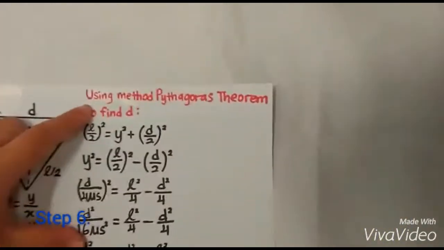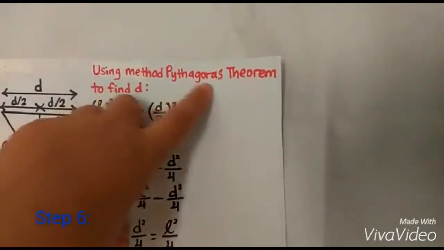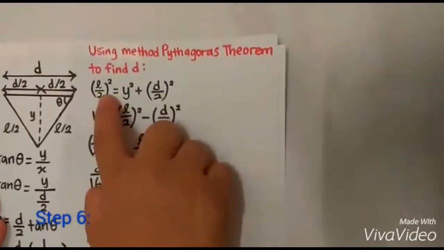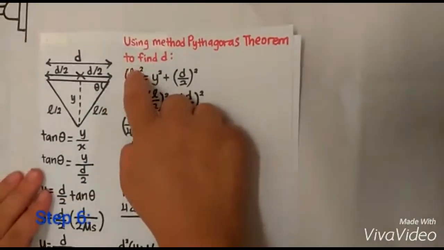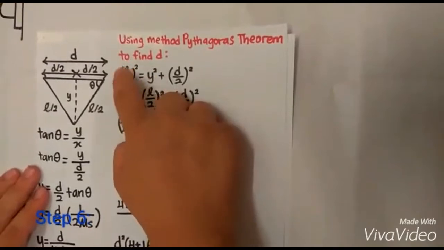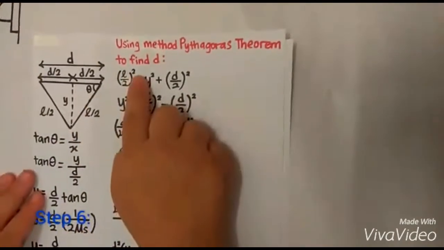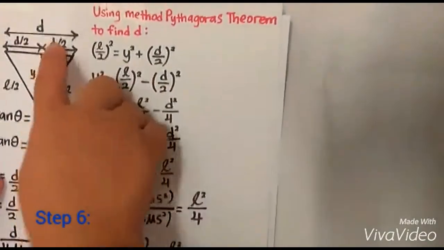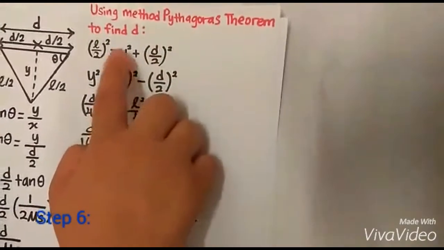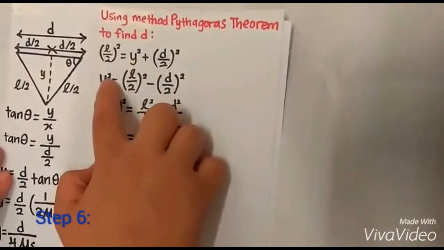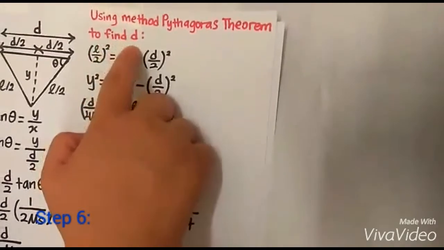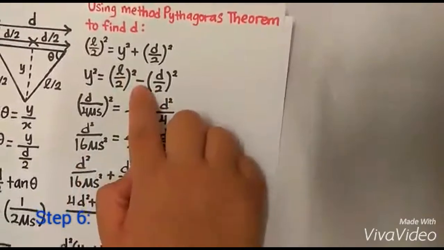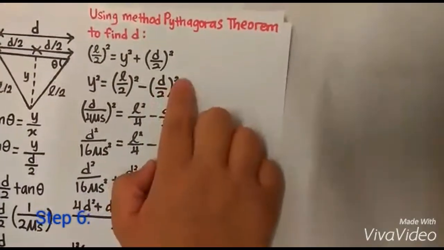Then we use the Pythagoras theorem to find the distance. To find the distance, we know that the length here, L divided by 2, squared, must equal y square plus d over 2 squared. So we bring this one forward: y square equal to, this one we switch behind, L divided by 2 squared minus d divided by 2 squared.